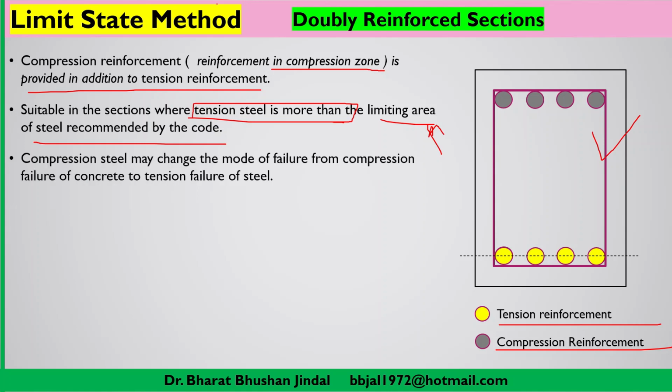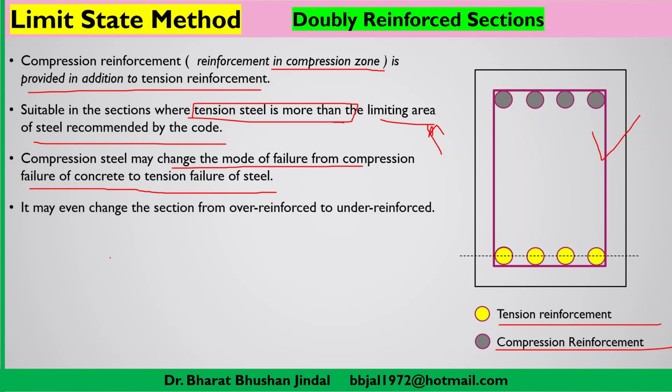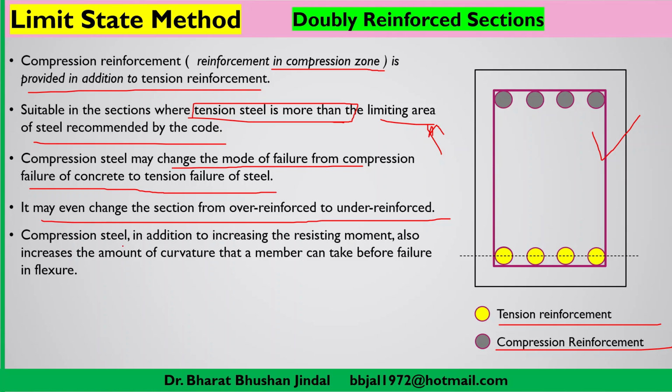Now compression steel may change the mode of failure from compression failure of concrete to tension failure of steel. It may even change the section from over reinforced to under reinforced. Now compression steel, in addition to increasing the resisting moment, also increases the amount of curvature that a beam member can take before failure in flexure.